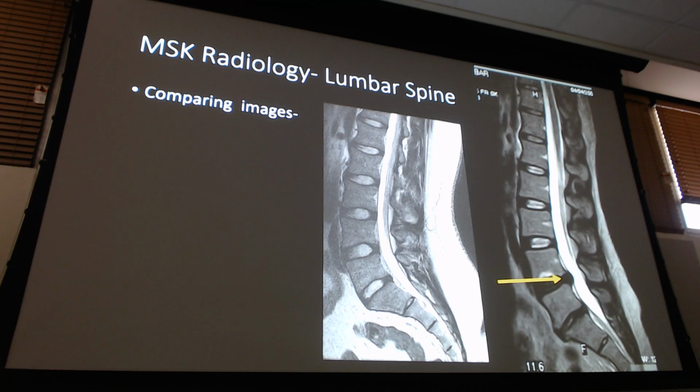Is there a reason that we can't see that disc on MRI? I don't know why you can't see it on this one. It could be to do with the contrast of the arrow being stuck right in here too, right? When you throw arrows on films, maybe it kind of throws things off a little bit.